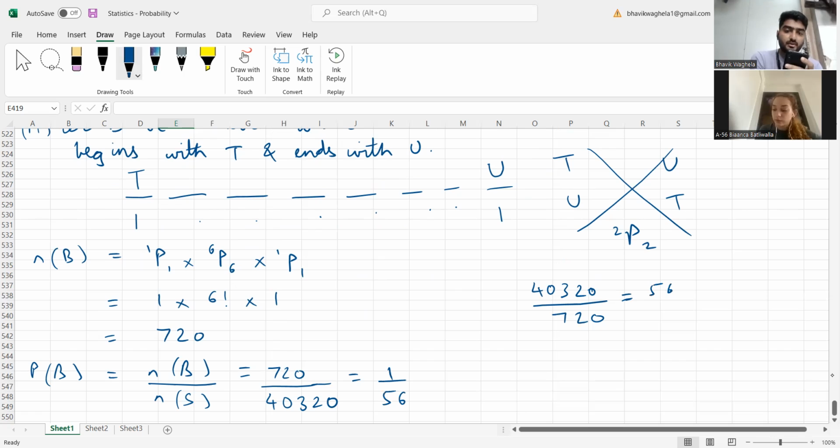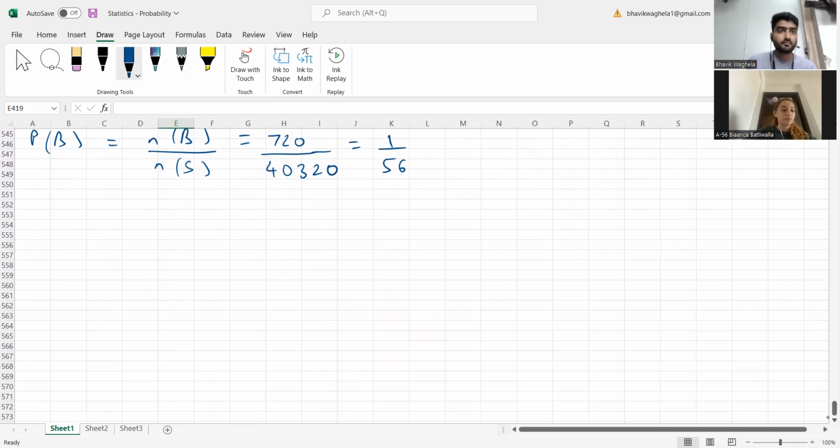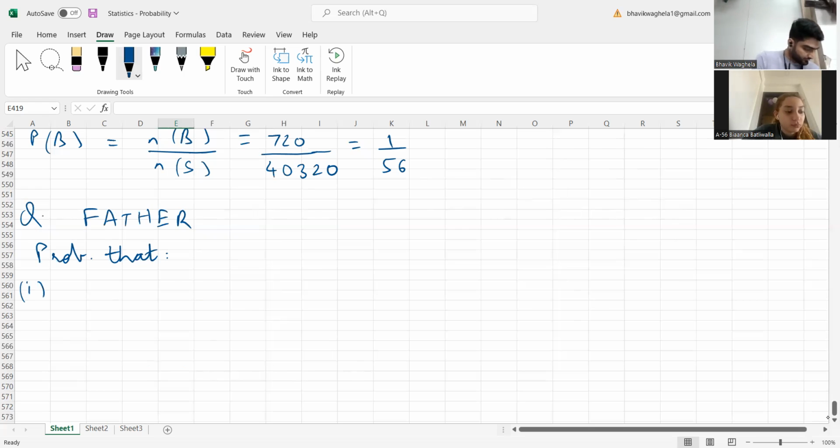If the letters of the word father are arranged randomly. Okay. So now this one, you will be helping me out this time. I'm not writing the whole question. They are saying that if the letters of the word father are arranged randomly, find the probability that: what is the first event?